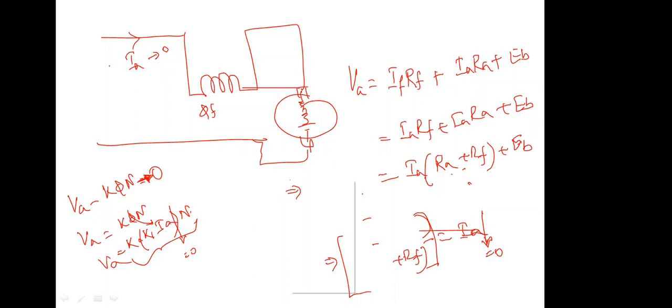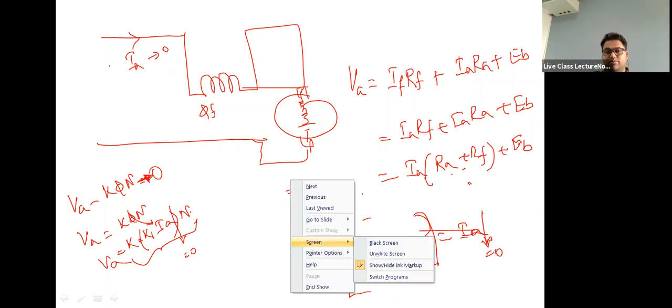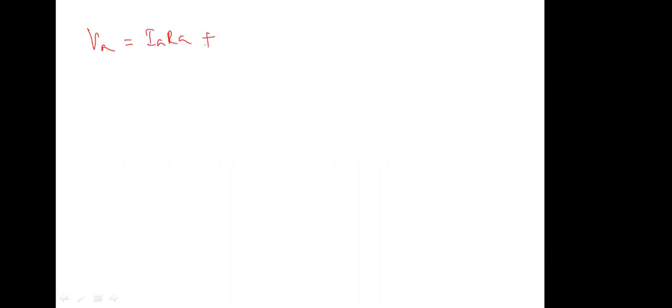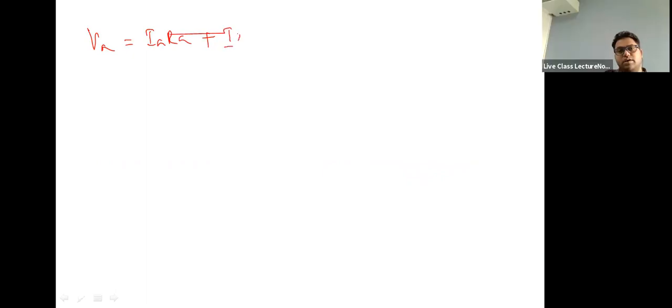Just a second. Have you come to this conclusion first of all? What was the equation? V armature was equal to I_A into R_A plus I_F into R_F plus E back, right?